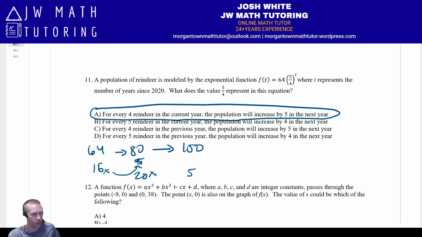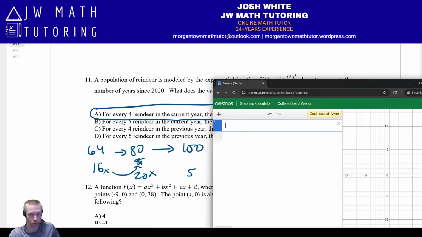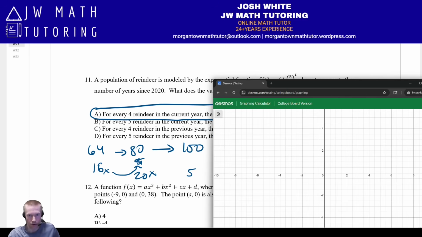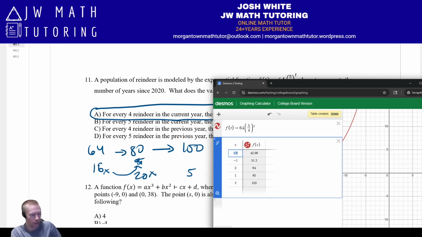Now if I go to Desmos, I can plug some of these numbers in just to confirm what's happening. If I type the function here, let's make a table and start at 0, 1, 2, 3, 4. Notice this confirms what's happening.